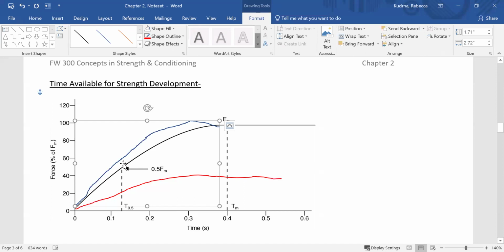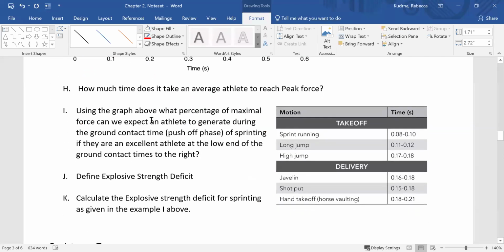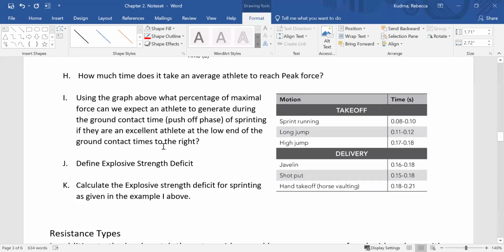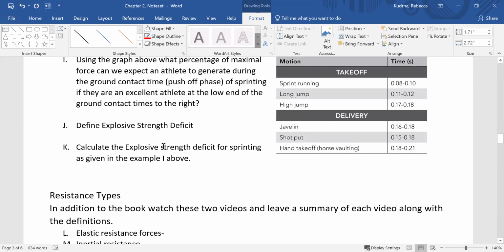And so halfway, this person is going to end up being over here closer to this side. I know it's really badly drawn, but that means this athlete develops force faster and will be a more powerful athlete.